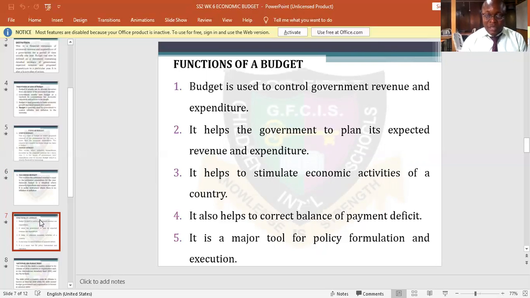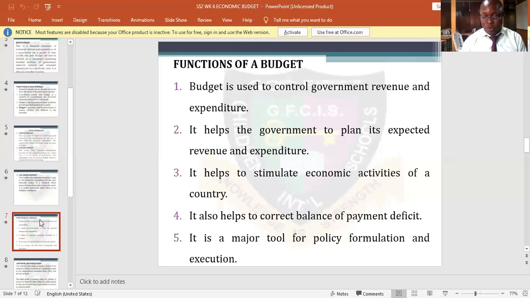Thirdly, it helps to stimulate economic activities of the country. It assists to make sure that the economy of the country is stable. Then fourthly, it also helps to correct balance of payment deficit.